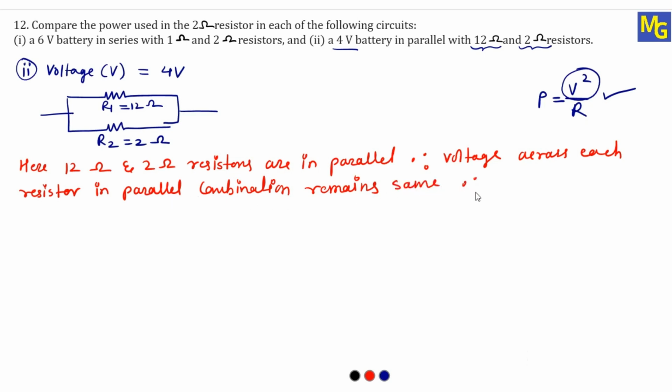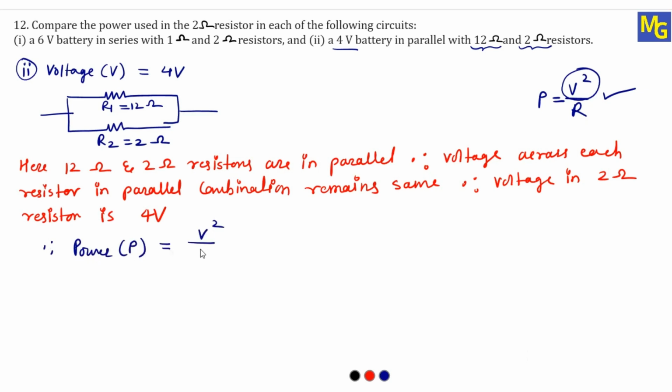So therefore voltage in 2 ohm resistor, because in the question they have asked for power in 2 ohm resistor, is 4 volt. So now use the formula of power. Therefore power, that is capital P, is equal to what I told, formula V square by R. So here we have V, just now I told how much it is, 4 volt, and R, in which resistance we are going to calculate, 2 ohm.